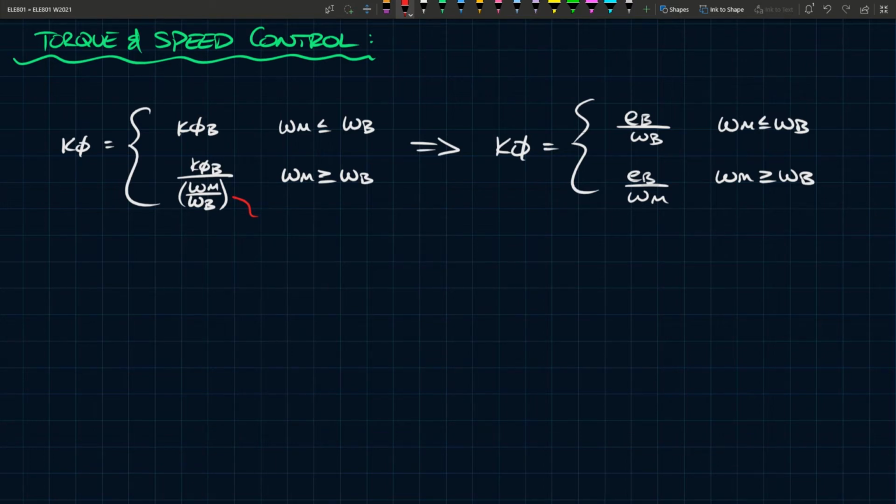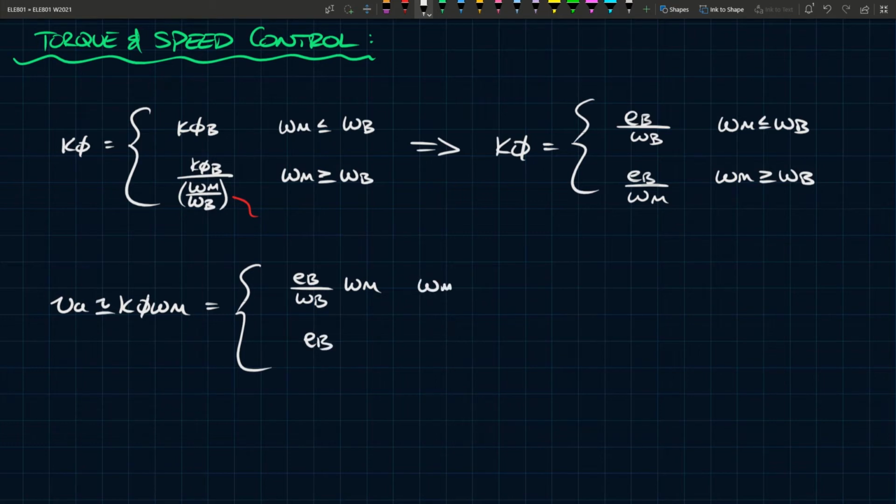So since the resistance RA is small in a large machine, you can say that VA is approximately equal to K phi omega M, and we've made this simplification in the steady state before, which means that this is EB over omega B times omega M, for omega M less than or equal to omega B, and this is EB for omega M greater than or equal to omega B.